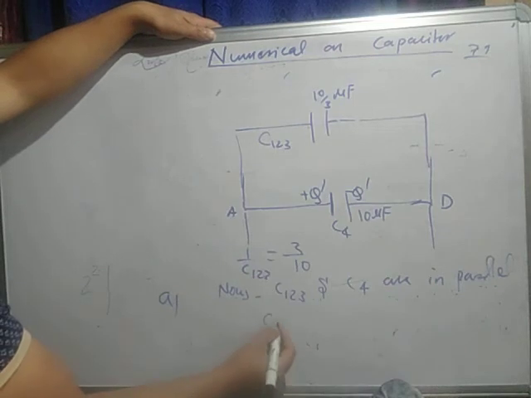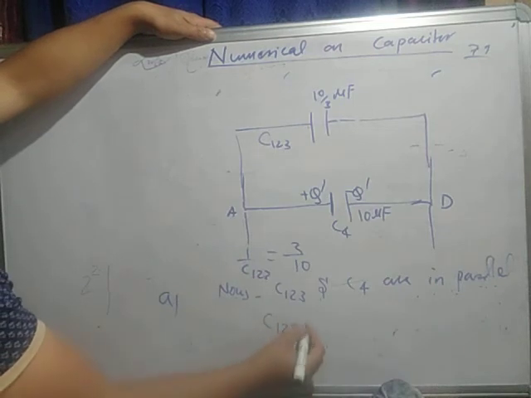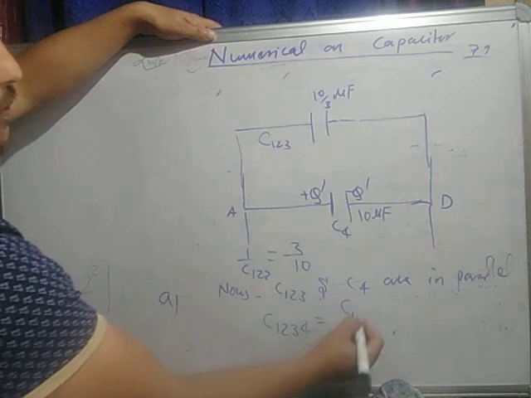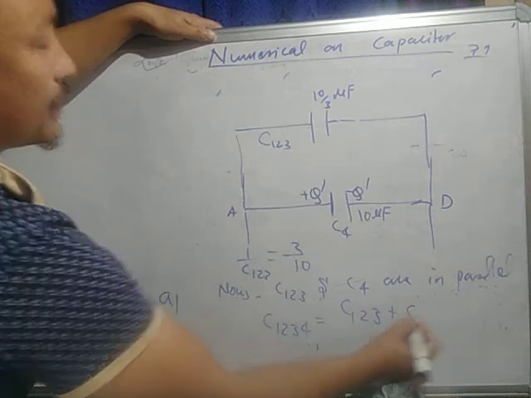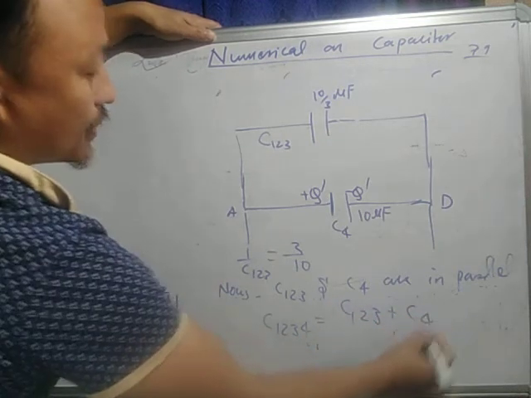So C1, 2, 3, 4 equals how much? C1, 2, 3 plus C4, isn't it?